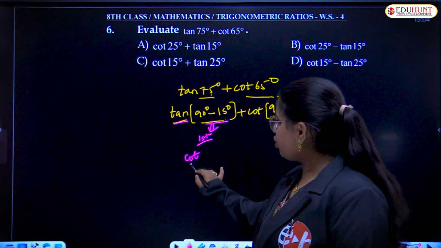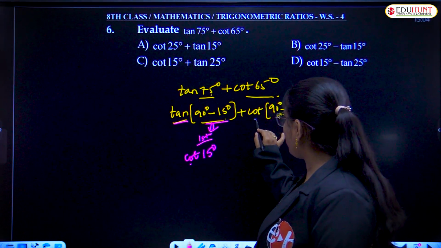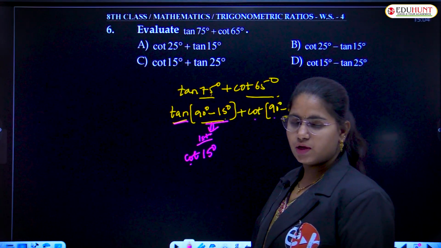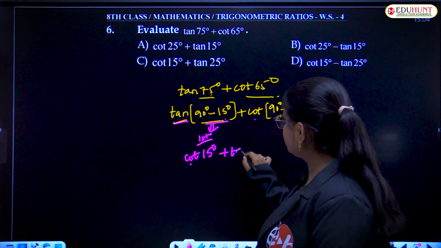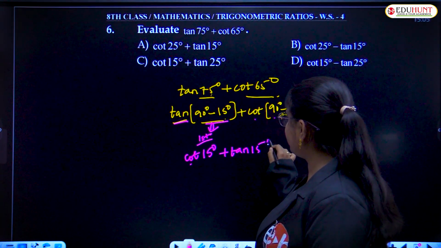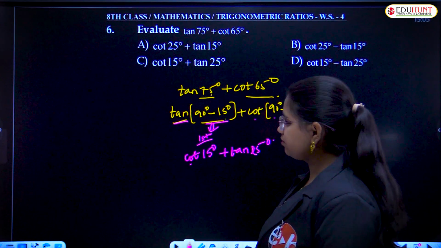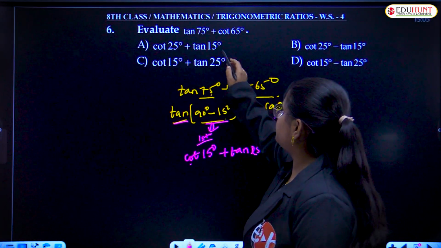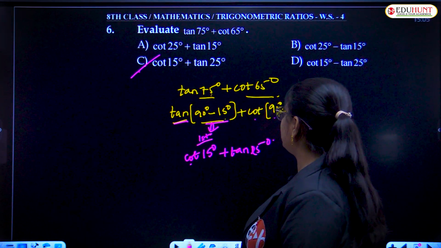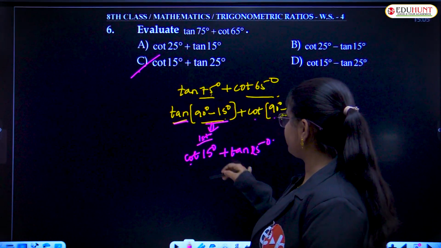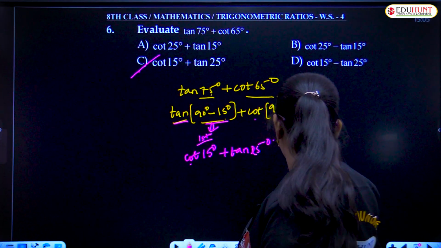So cot 15, and cot 90 minus theta is tan theta, which is tan 25. Among the given options, option C will be your correct answer: cot 15 plus tan 25. Yes, it's solved. Done?